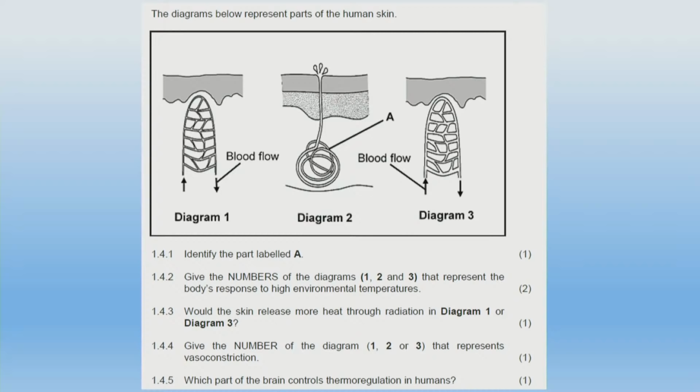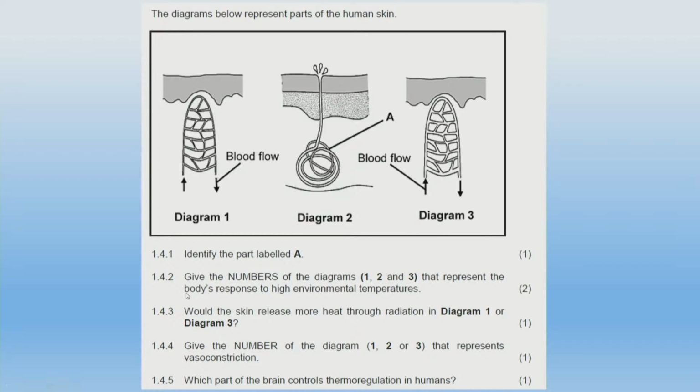You can start with a hot day and drill it, and then you know that a cold day will be the opposite of a hot day. So please make sure that you drill temperature regulation on a hot day and cold day.